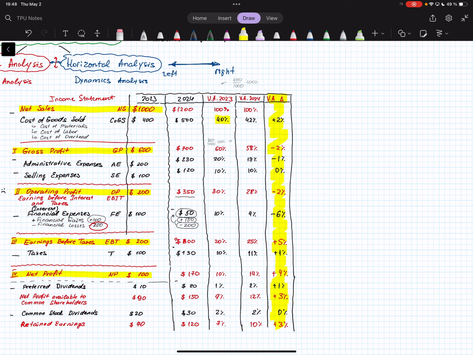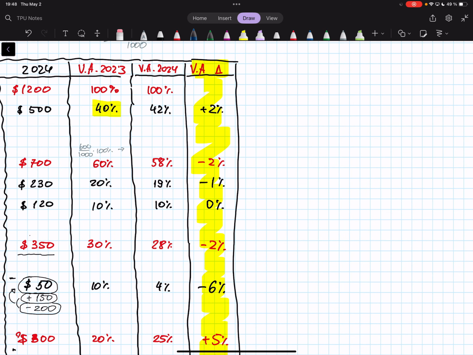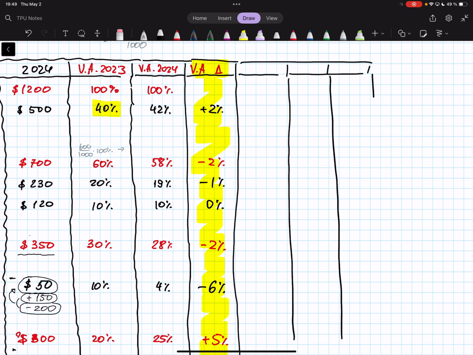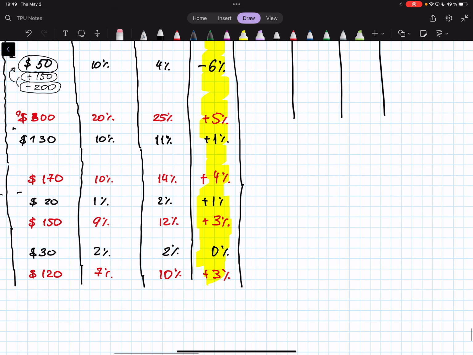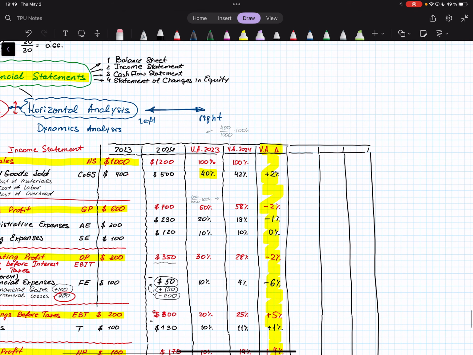With the horizontal analysis, I'll add 1, 2, and 3, like we did with vertical. Oh no, I don't need the 3. I'll just need one column, okay?